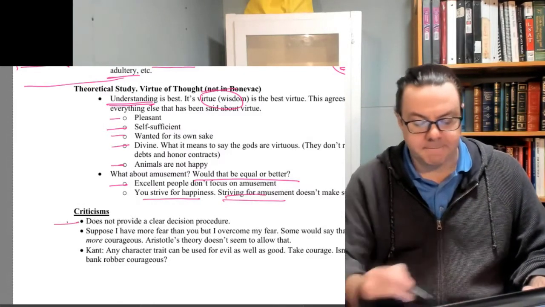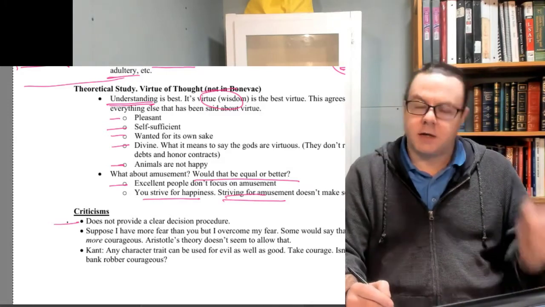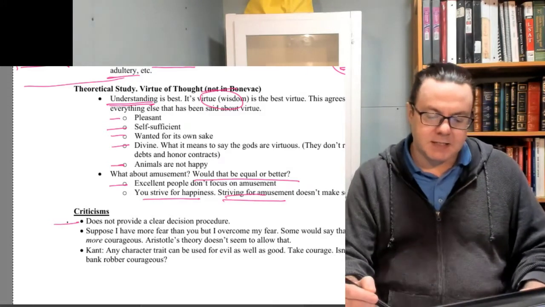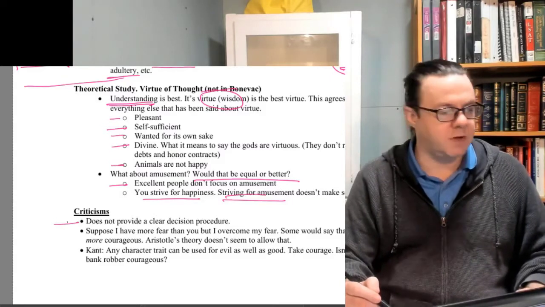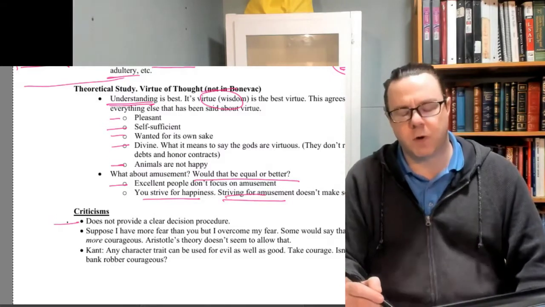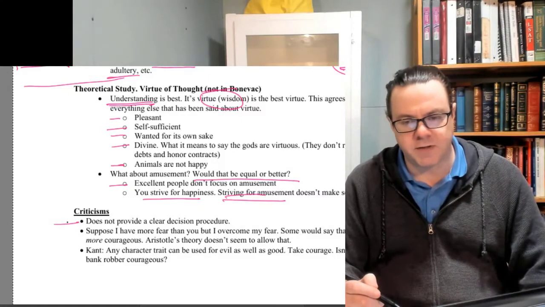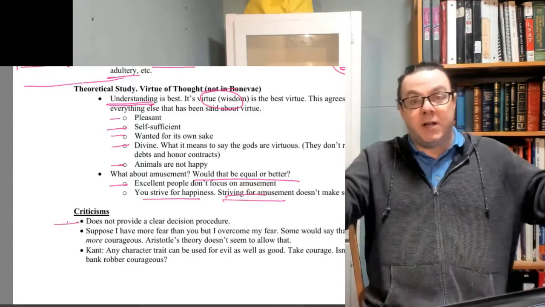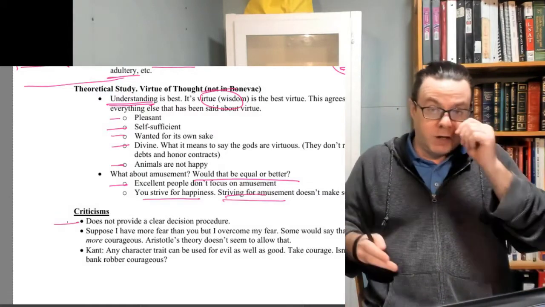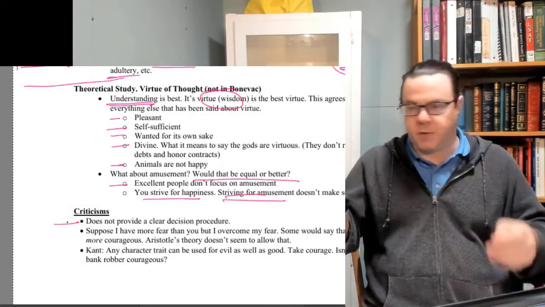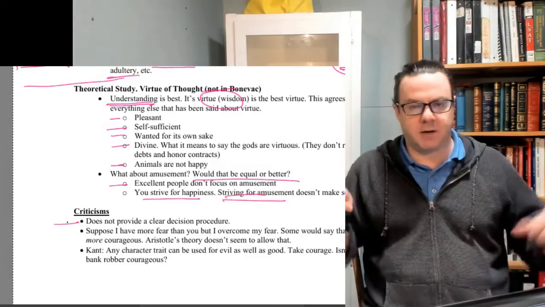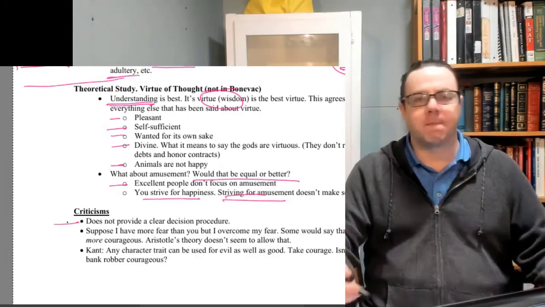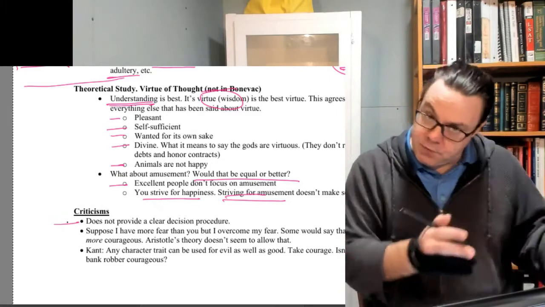One is that, again, unlike utilitarianism and unlike Kant's ethics even, it does not provide a decision procedure, right? Suppose you want to know what to do in a specific situation. Utilitarianism gives you a pretty concrete framework to work in: you weigh up how much pleasure this is likely to cause, how much pain this is likely to cause, and that's a pretty concrete system that you could actually put into application.